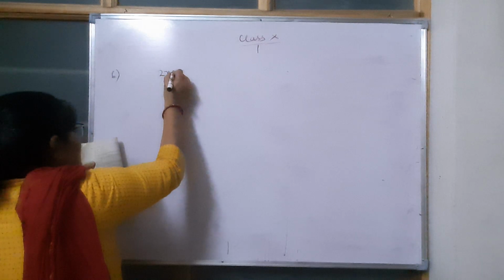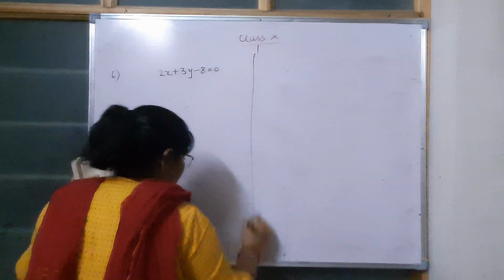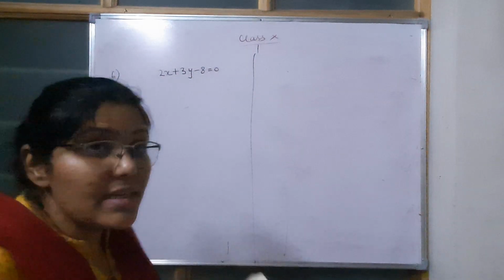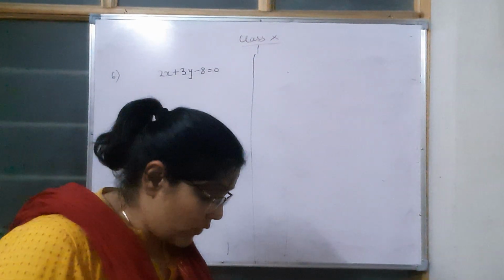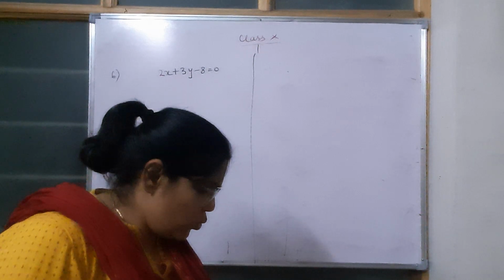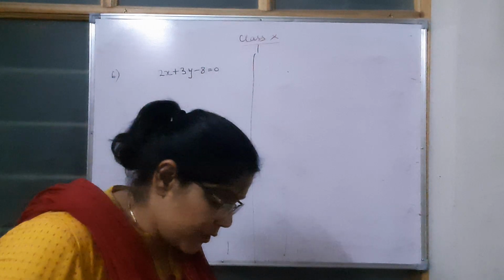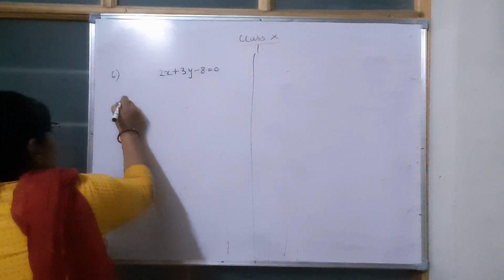This is one of the linear equations given to you. Now write another linear equation. You just need to find one more linear equation in two variables such that the geometrical representation of the pair so formed is intersecting.